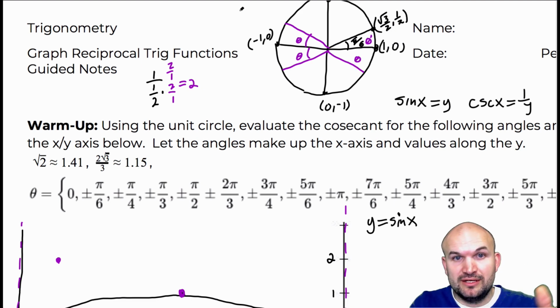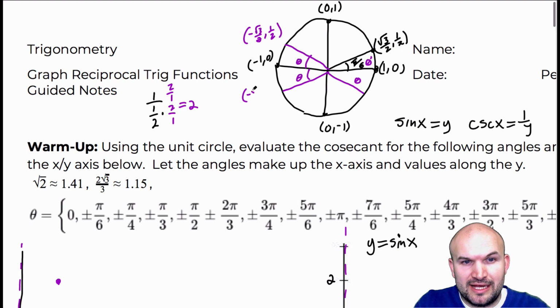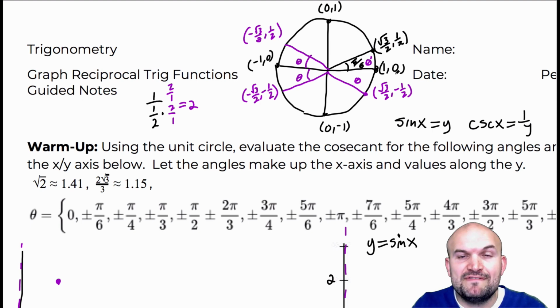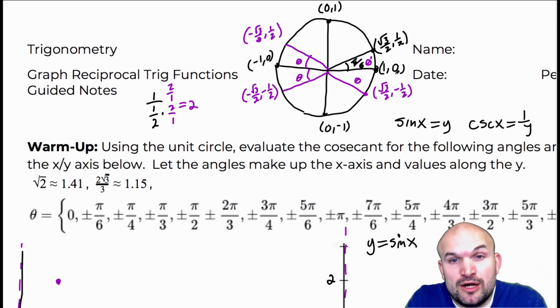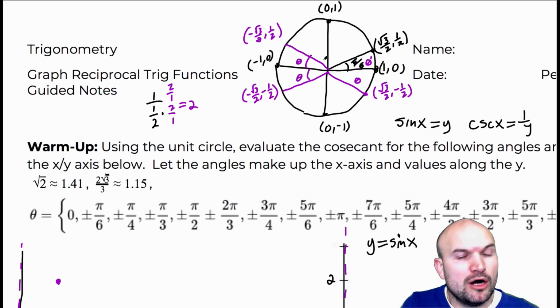It's just a reflection. This coordinate point over here is negative square root of 3 over 2, comma 1/2. This one is negative square root of 3 over 2, comma negative 1/2. And this one over here is square root of 3 over 2, comma negative 1/2. So they all have the value of 1/2. It just depends on which quadrant the angle is in whether it's positive or negative. And now we basically need to determine what all these angles are.